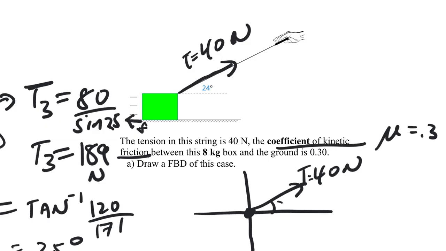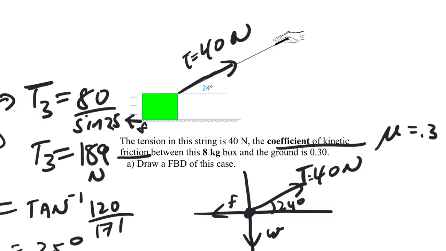It's 24 degrees. We got friction that way. We got the weight pointing down. And of course, we got normal force because it's on a surface. Now, important to realize, normal force is not going to equal the weight like it has been in the last test, except in the problems where it was an elevator accelerating up or down. In this case, there's a diagonal force pulling up on the object.